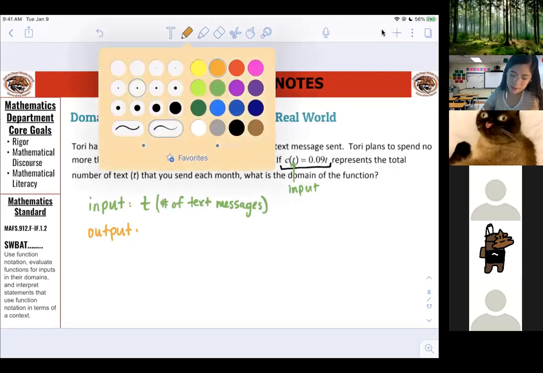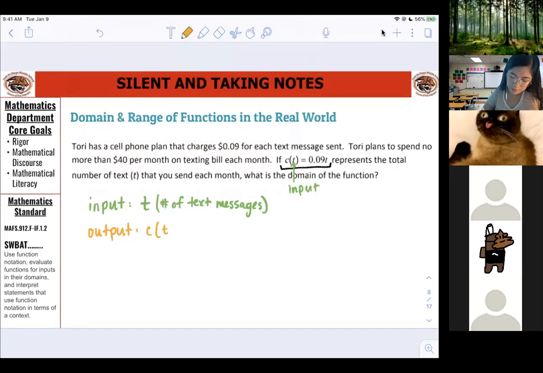My output is C of T, and C of T represents what? The number of texts you sent each month. Close. Think about what the 0.09 is doing. She's paying 9 cents for each text message.